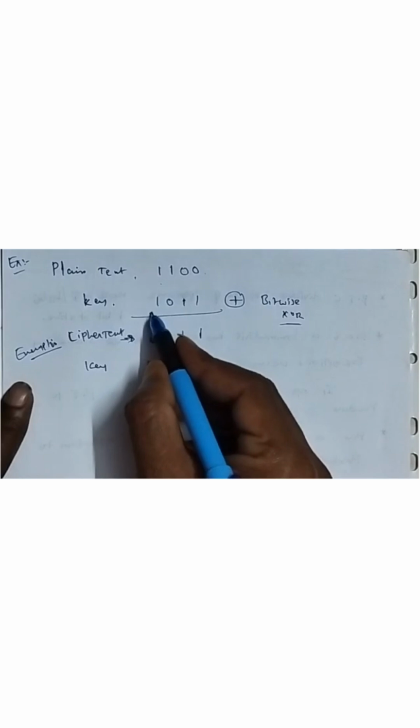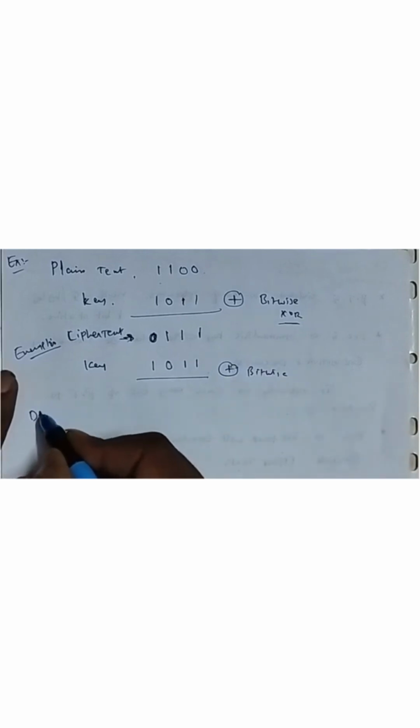And again, this is the ciphertext. Again we have to take a key to convert to plain text. Here I am using the same key, 1011, and we perform the bitwise operation. Again we are performing decryption, and the result is the plain text.